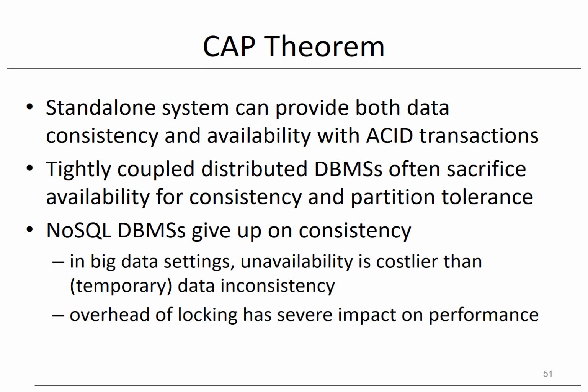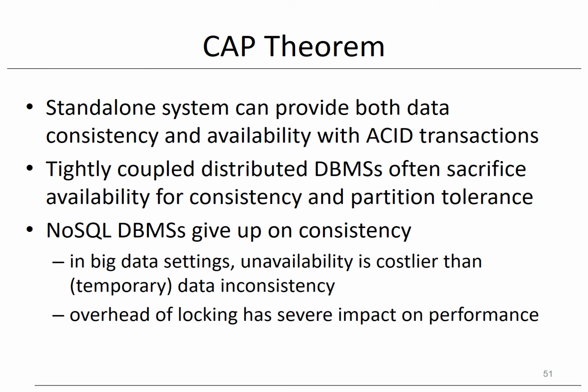A standalone system can provide both data consistency and availability with ACID transactions. Traditional, tightly coupled distributed DBMSs will often sacrifice availability for consistency and partition tolerance. Many NoSQL database systems will give up on consistency, the reason being twofold.